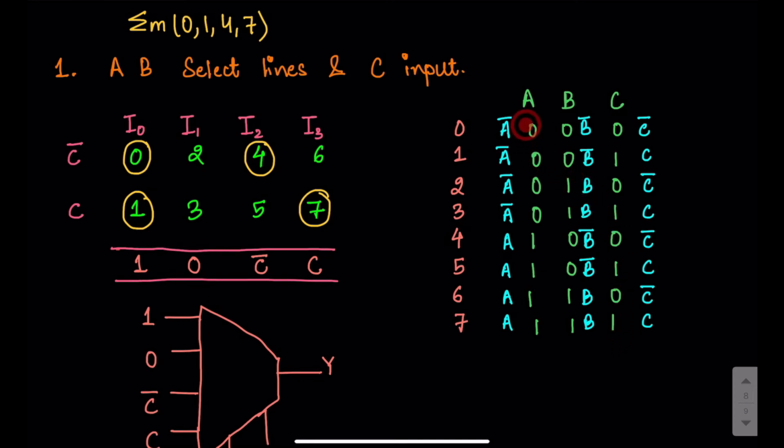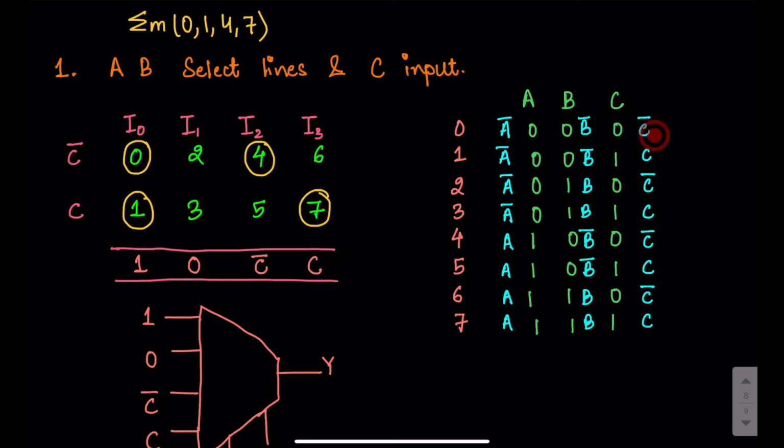If we write in the form of the min terms for each of the variables, we know that whenever it is a 0, it is represented as A bar. So you will see that for A bar, from the number 0 to 3, you have it all as A bar. Looking at B, we have the first two numbers as B bar, then B, then again two B bars and then two Bs.